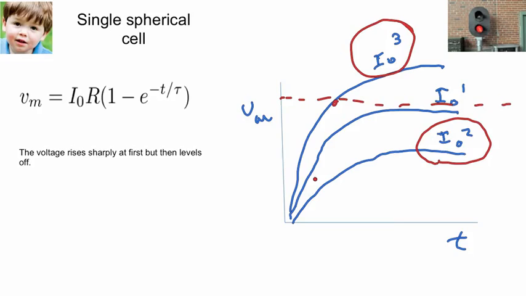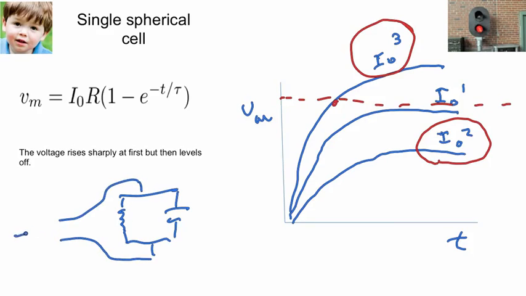The answer to that is understood by thinking of the membrane as a resistor and a capacitor in parallel. So if we want to think about it that way, we'd say what's happening here is our membrane is a resistor and a capacitor in parallel. We've seen this diagram before. We're putting our voltage step, our current step in over here.